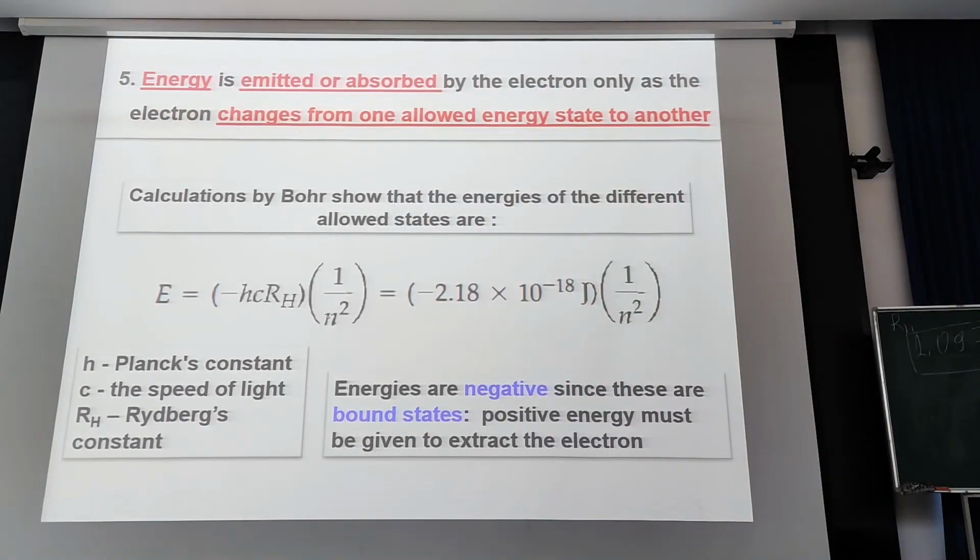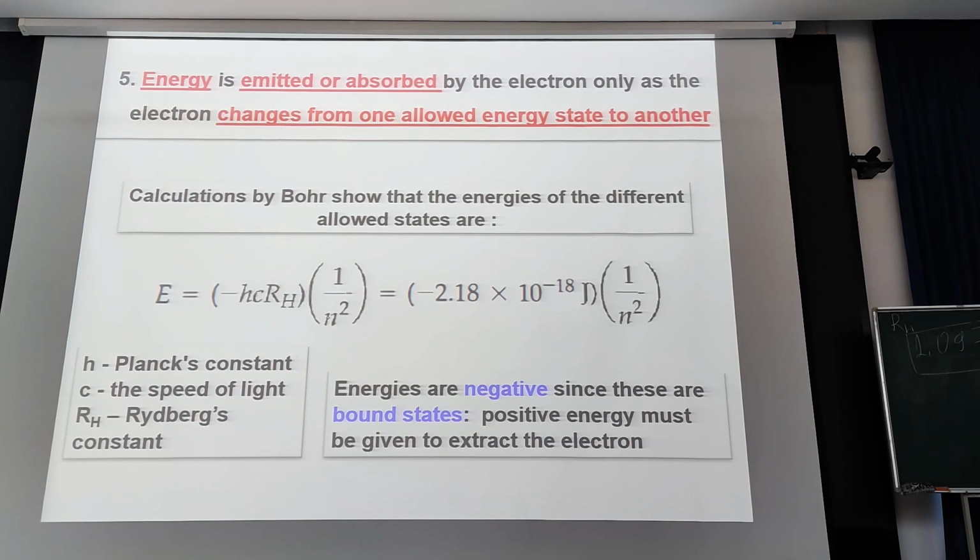Okay? So that we call the bound state, that means the bonding state. If you want to remove the electron, you need to put energy in. So the energy you need to put in will have a positive sign. So it means the energy of the electron itself will have a negative value. Okay? It means the electron in the atom will be stable if you want to pick it out.